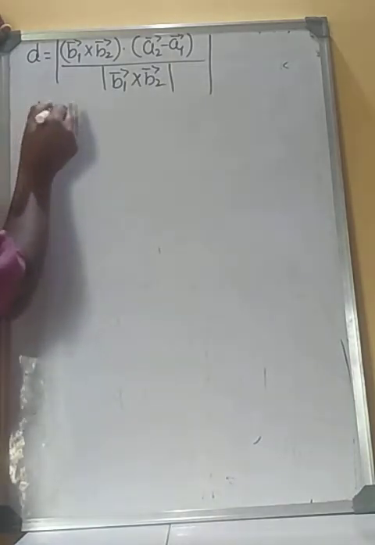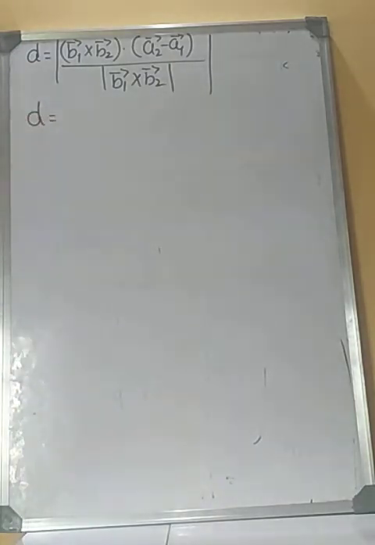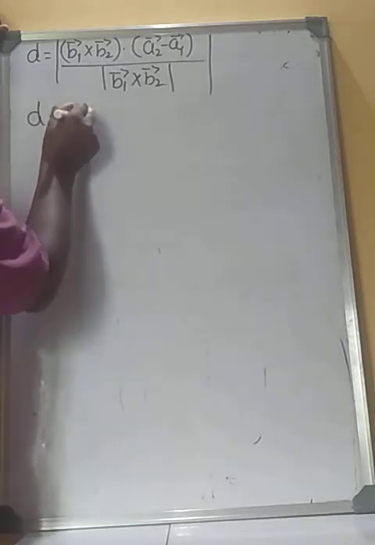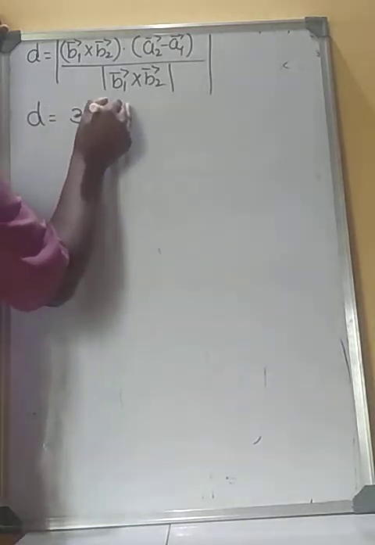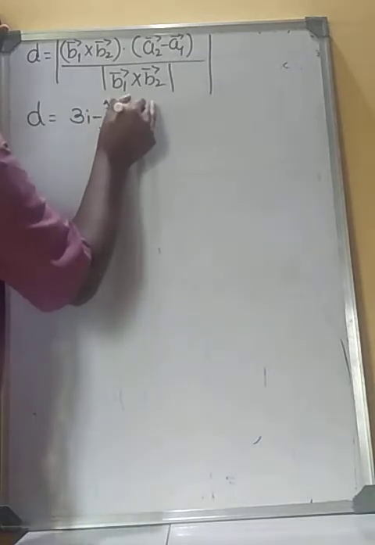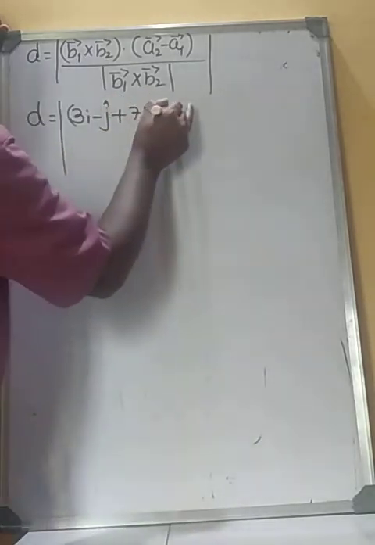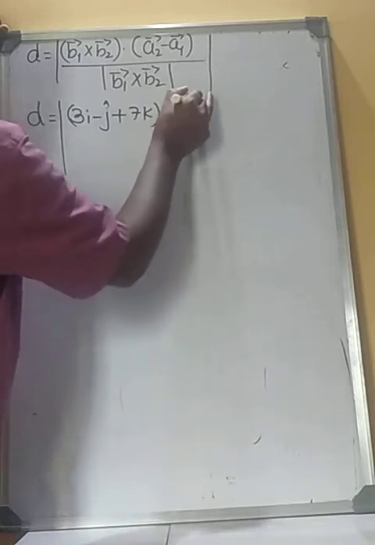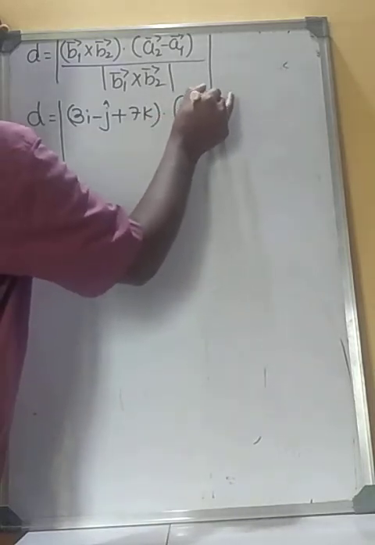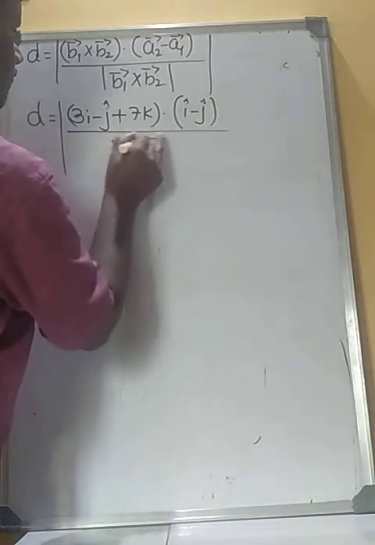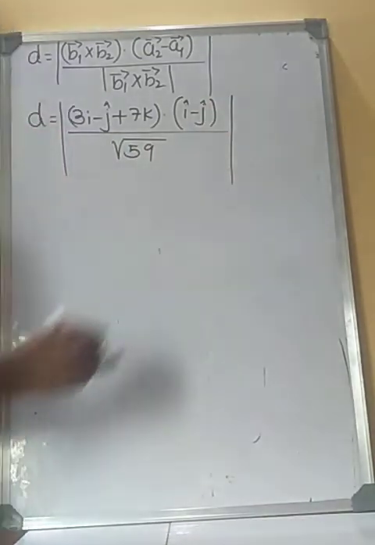Therefore, D equals 3i minus j minus 7k dot A2 minus A1, i minus k, dividing by root of 59.